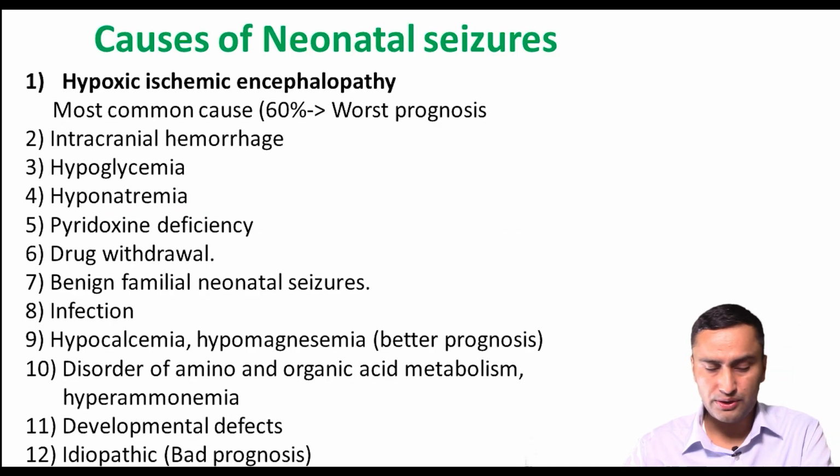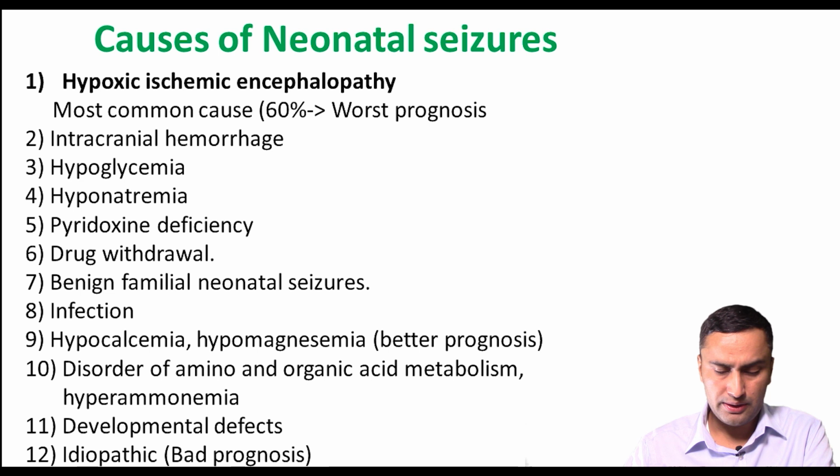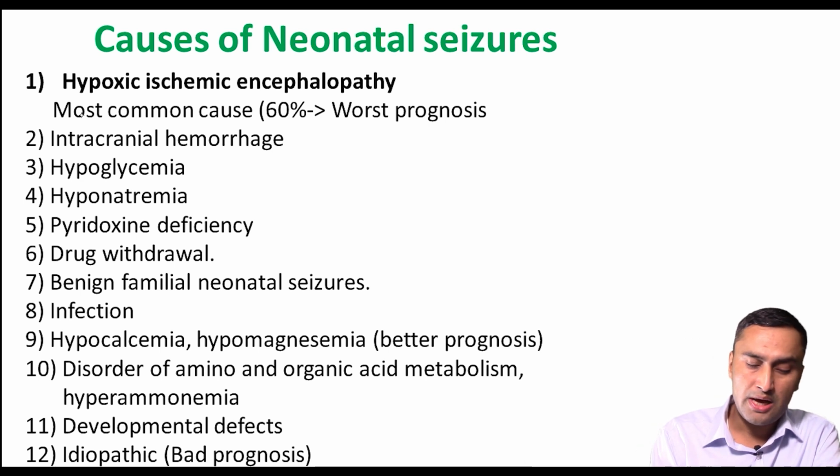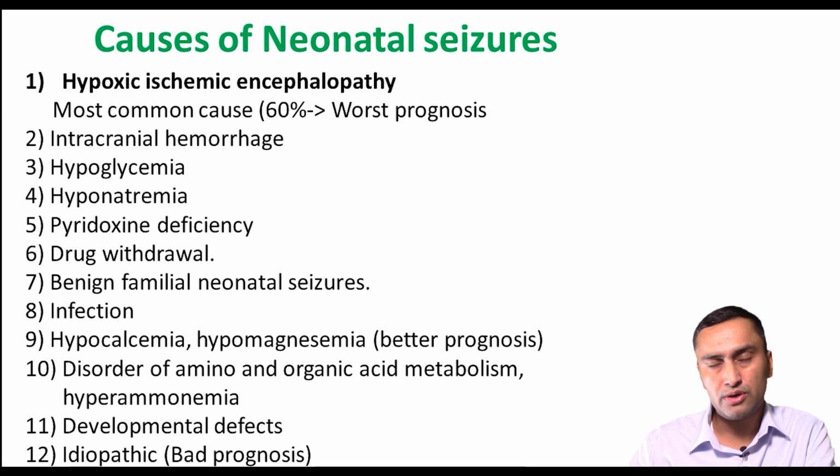So what are the causes of neonatal seizure? If the question asks for the most common cause of neonatal seizure, you have to write hypoxic ischemic encephalopathy. HIE is the most common cause of neonatal seizure. But if asked what kind of seizure is most common, you should take the subtle type.